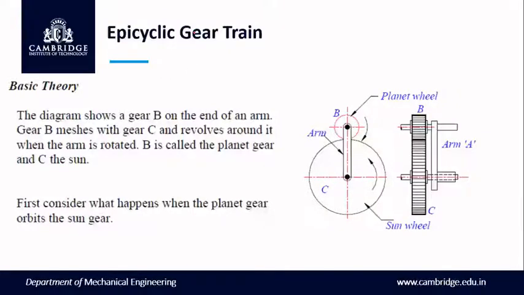So if you consider this arm, if this vertical arm is rotated in this direction, B is called the planet gear and C is called the sun gear.